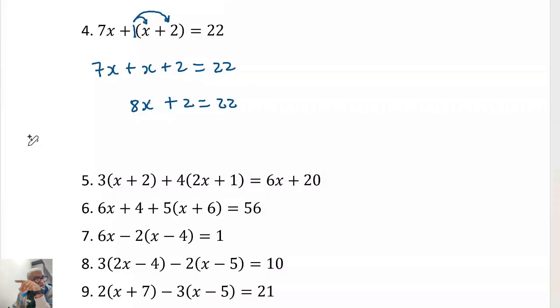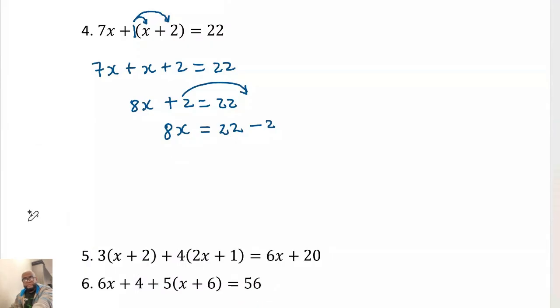You can't touch the 8 yet. The 8 is the last thing you're moving. What are we moving next? Go ahead, Gabriel. Tell him. Plus 2 will become what? So the 8x remains here, right? 8x is equal to 22 minus 2, right? 8x will be equal to what?